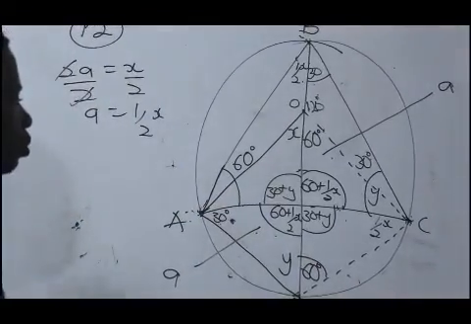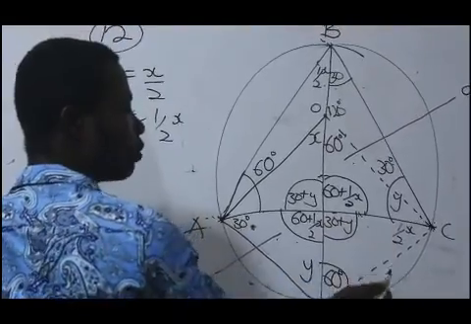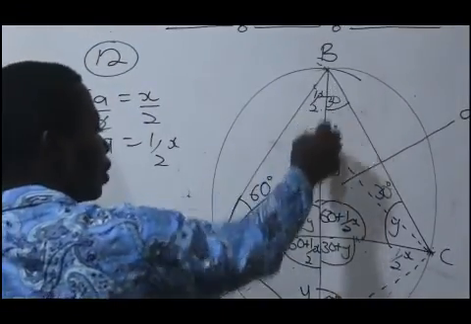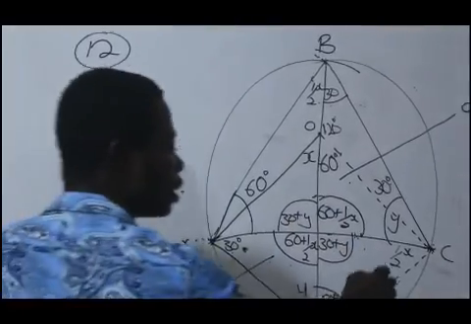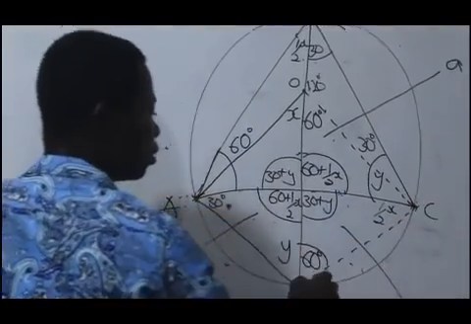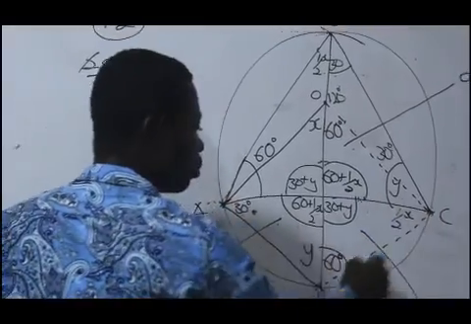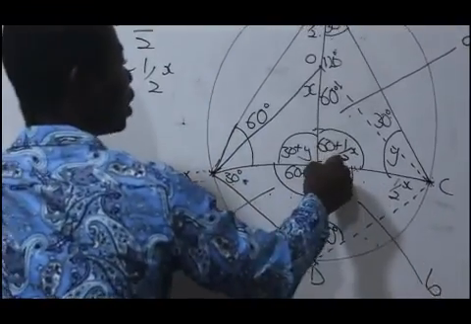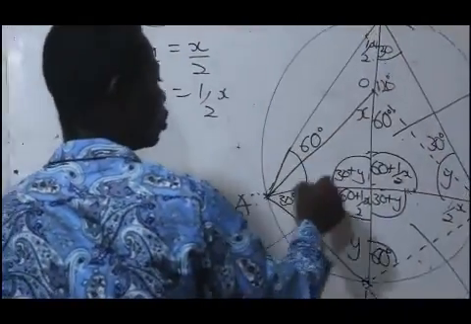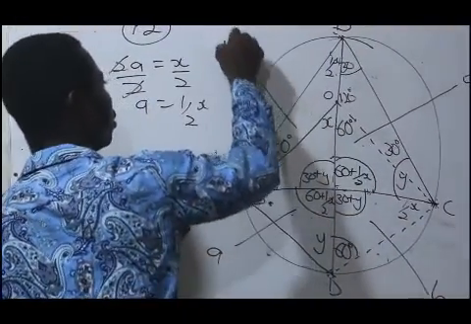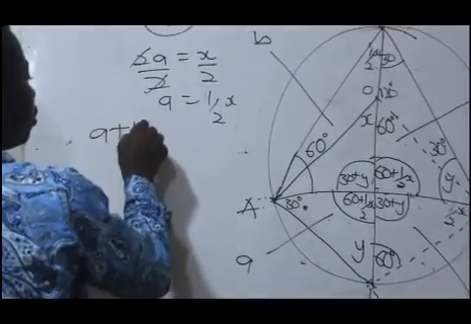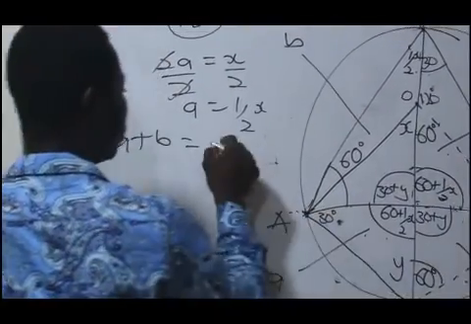Now, 30 plus y, you have here half of x and then 60 degrees. You have 60 degrees, half of x and then 30 plus y. So if this triangle we have here is B, then definitely this triangle is also going to be triangle B, because they are going to be similar. Therefore, A plus B will be equal to A plus B.